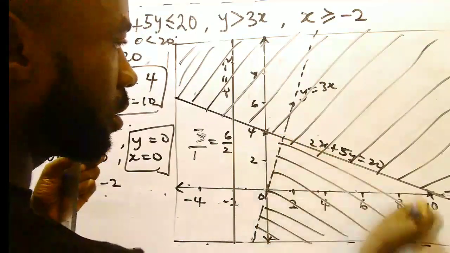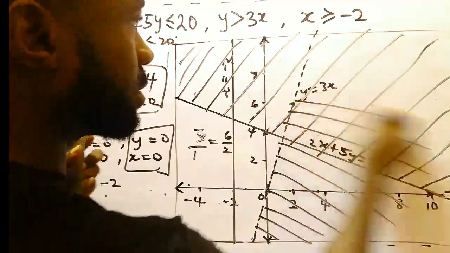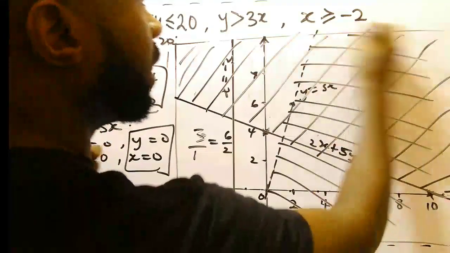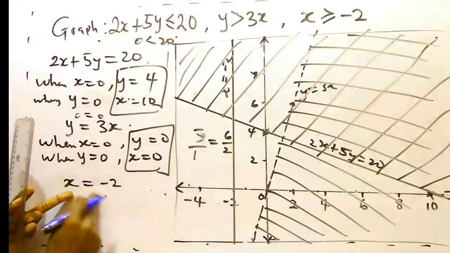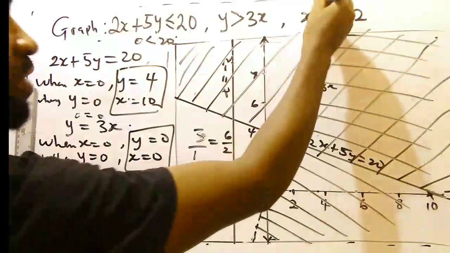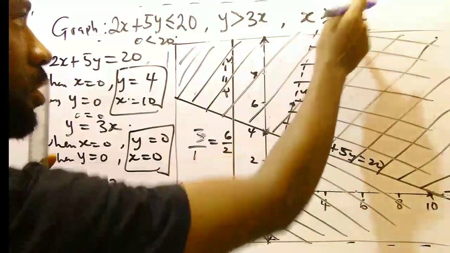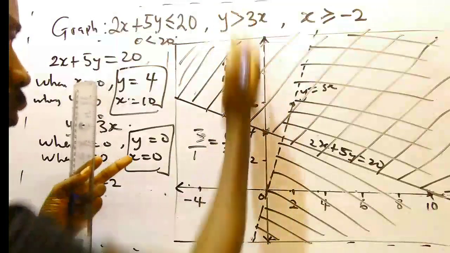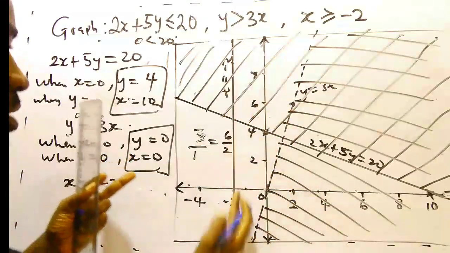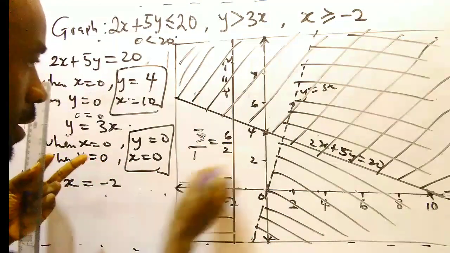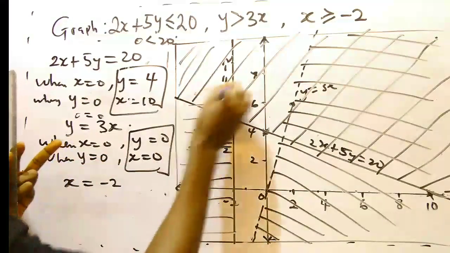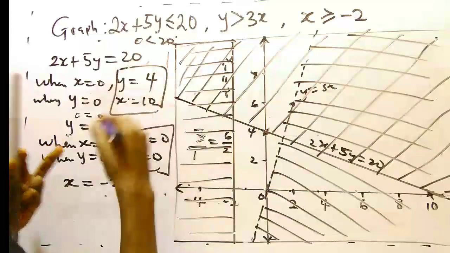And then our last one says x is greater than or equal to minus 2, so we are going to accept this part here and reject this part here.